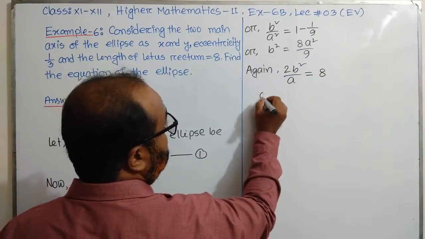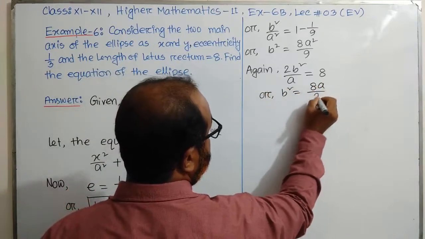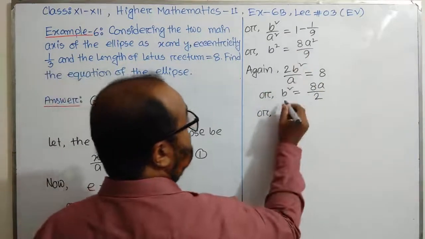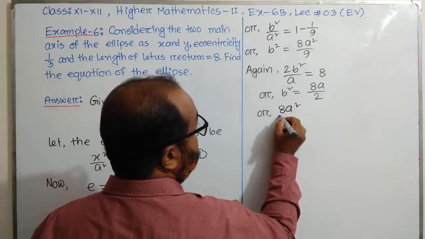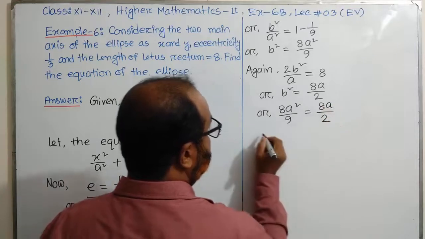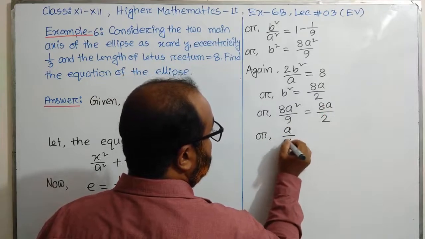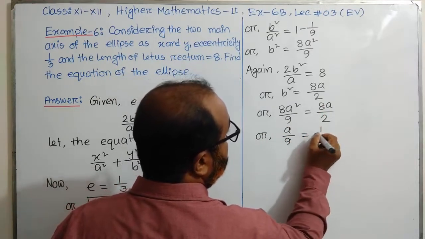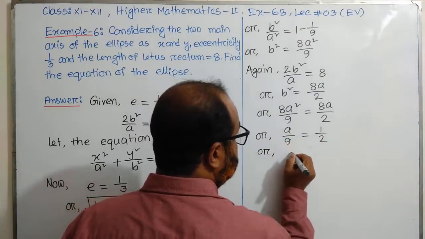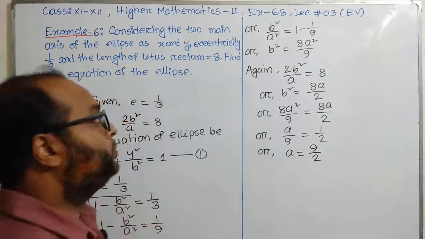From this we can write b square equal 8a divided by 2, or we can put b square equal to 8a square divided by 9, this equal 8a divided by 2, or from this we can write a by 9, this equal 1 by 2, or from this we can write a equal 9 divided by 2.